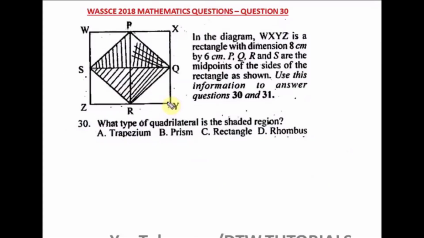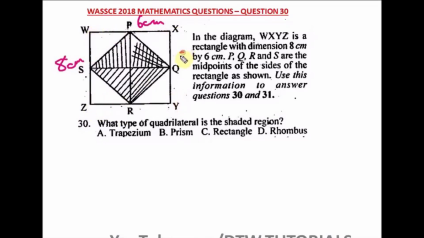Question 30 of the WASSCE 2018 Mathematics Past Question, that's your WAEC exam. It says in the diagram, WXYZ is a rectangle with dimensions 8 cm by 6 cm. So this whole length here and here is 6 cm.